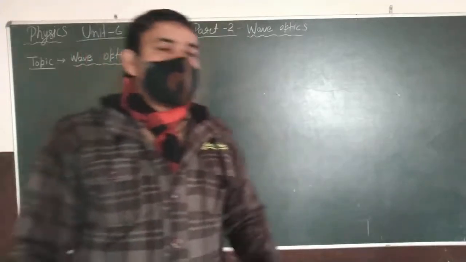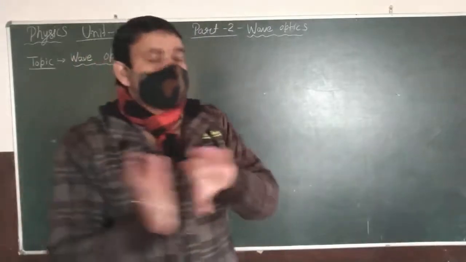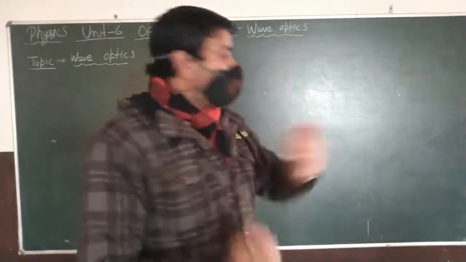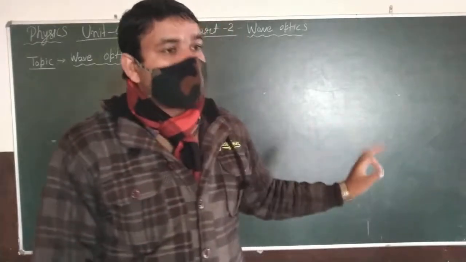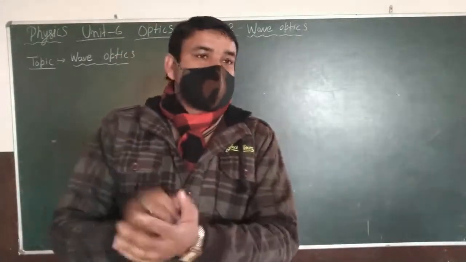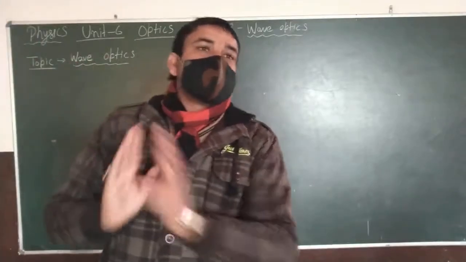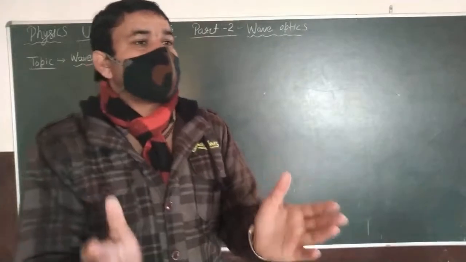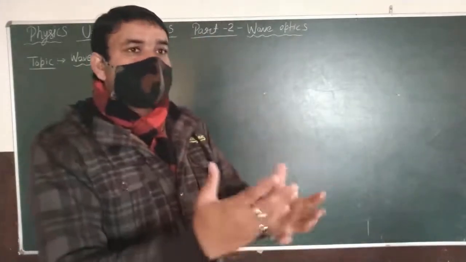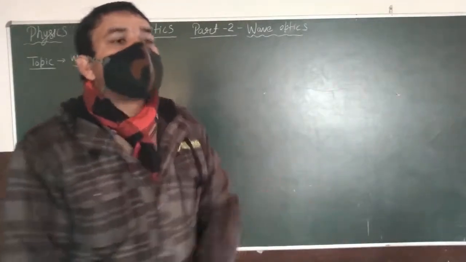But there is some problem. When a small particle is traveling, it only gives its energy to the particular place where it falls on the surface. So the question arises that when light travels, it spreads the light energy all around, which means it brightens the area through which it passes.